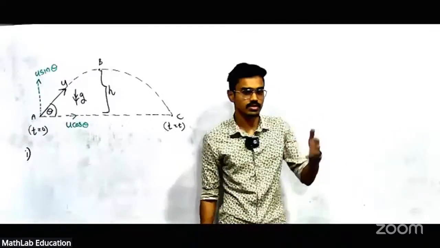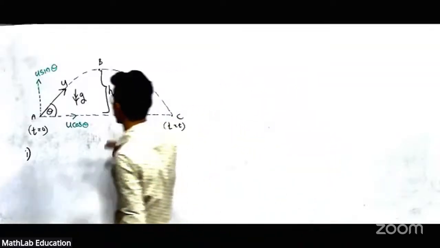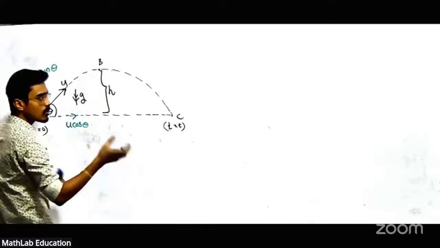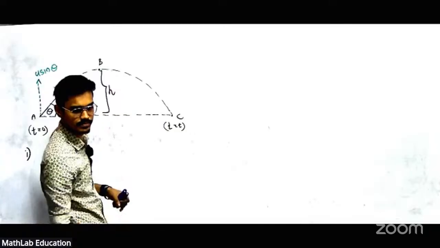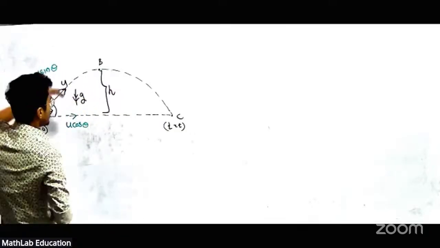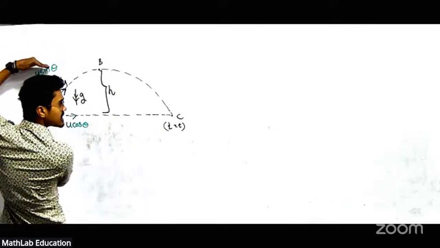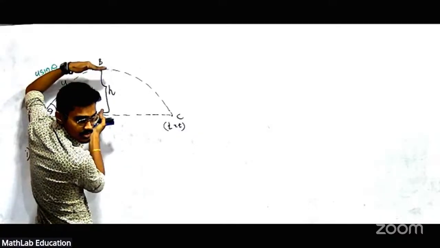What we know is only for linear motion. Now tell me, does this maximum height involve the vertical linear motion or the horizontal linear motion? Vertical linear motion, right? And the maximum height of that vertical linear motion is exactly equal to the maximum height of the projectile motion. Is that clear?